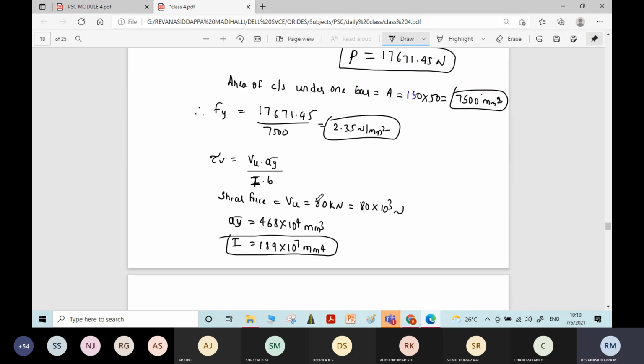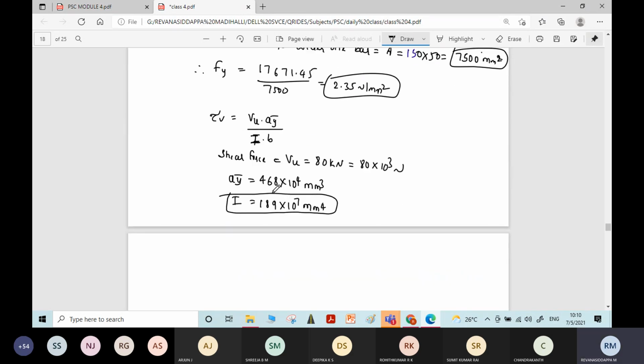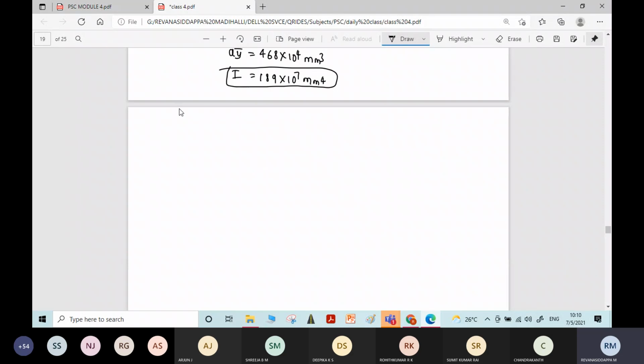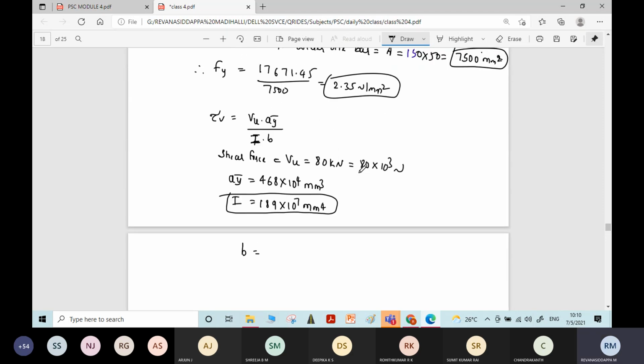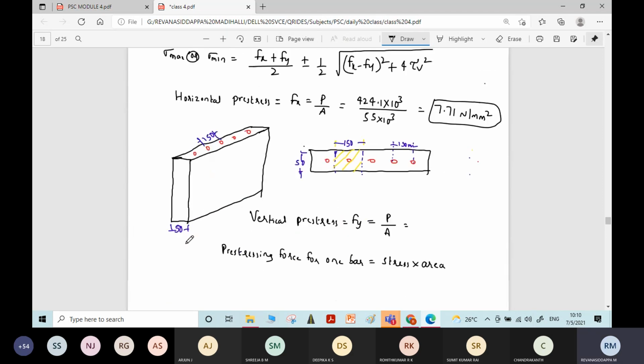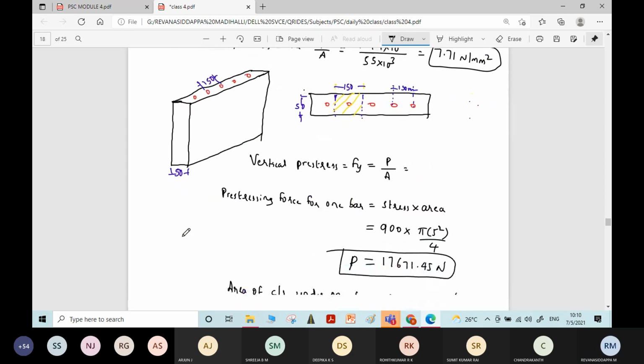Then what else? B. What is B? Width of web, BW. It is 50 mm.